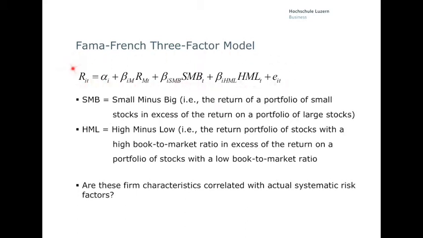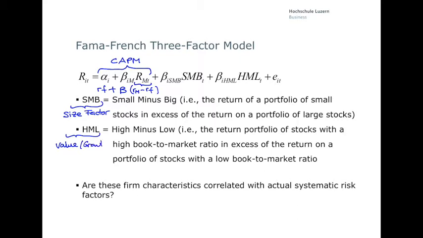Now you can see that the first part is equal to the CAPM: the risk-free rate plus a beta times the market risk premium. The second term is a factor, which is a size factor, small versus large companies, and the third factor is value versus growth stocks.